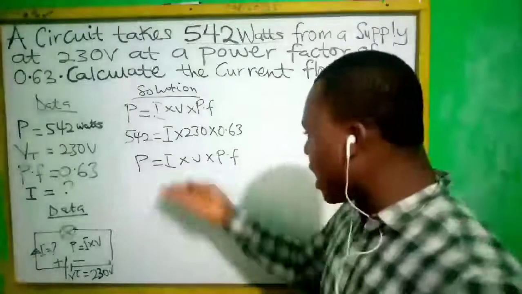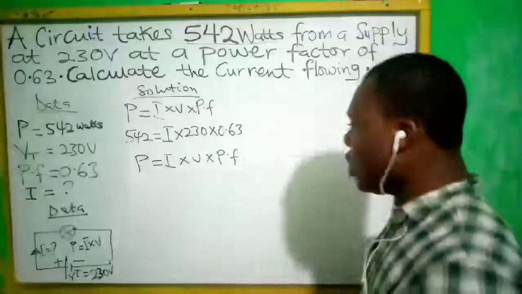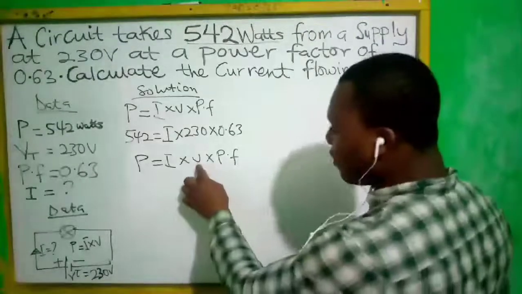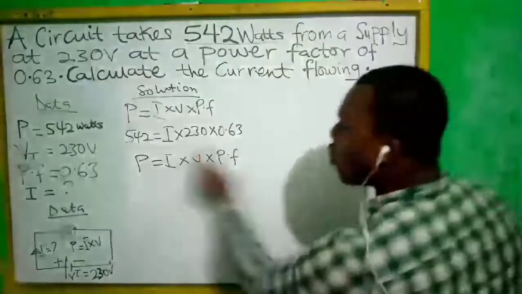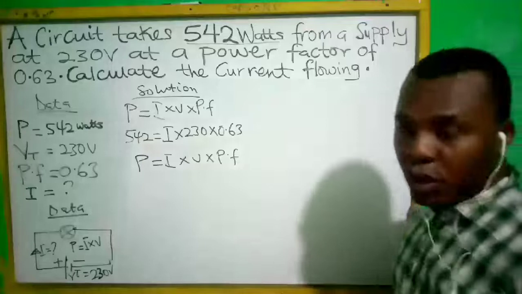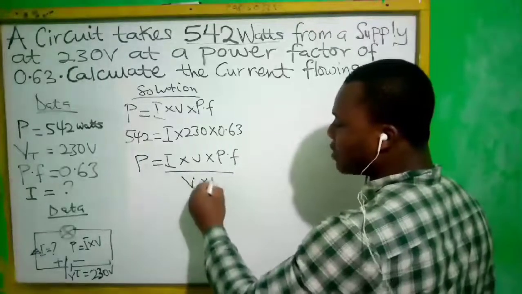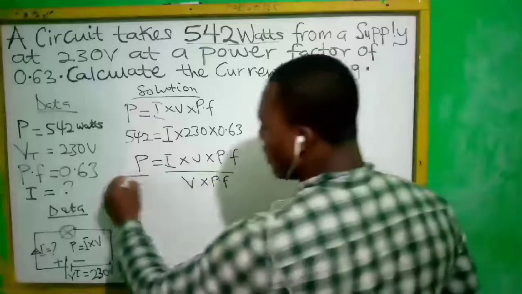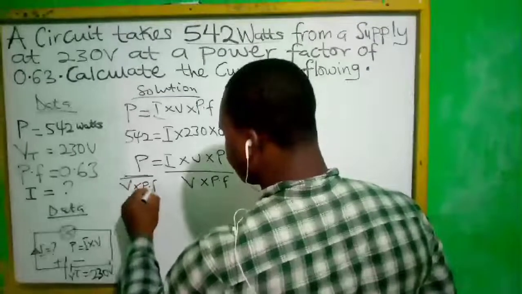How do we break it down so that we can get the current as the subject? We can see voltage and power factor multiplying current, and we have to get rid of voltage and power factor. So what do we do? We divide both sides by voltage times power factor.